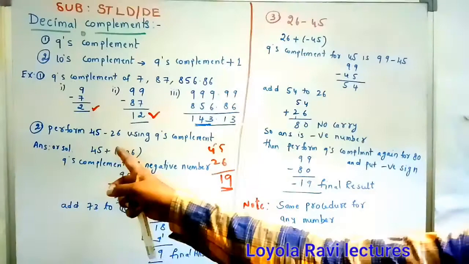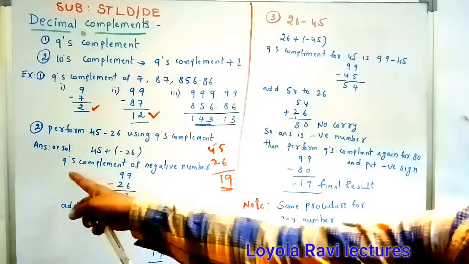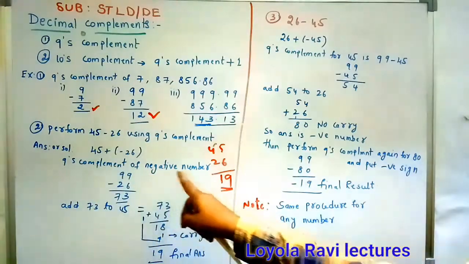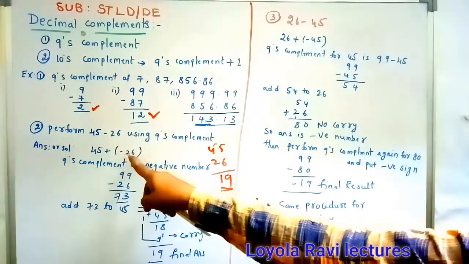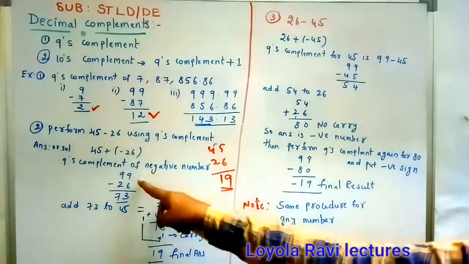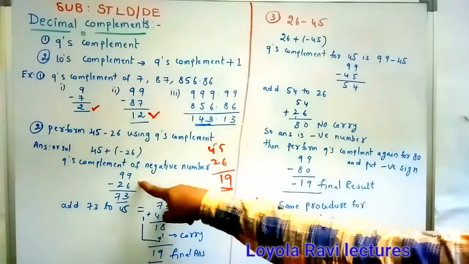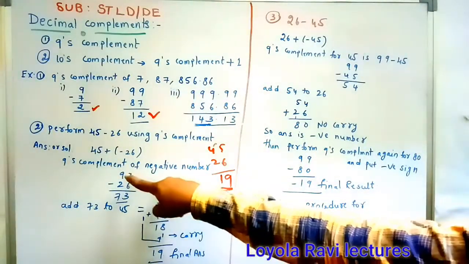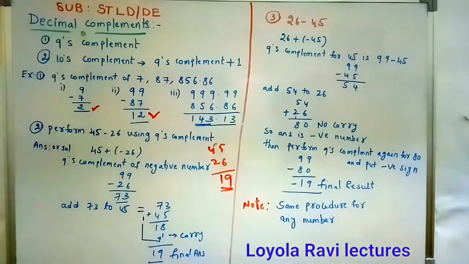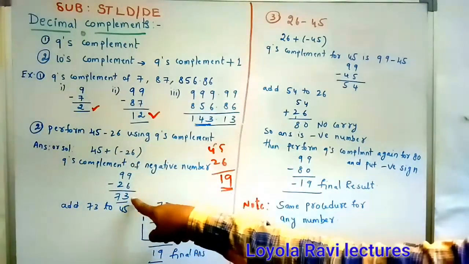So 45 plus of minus 26. For this minus 26 I am finding the nines complement of the negative number. How can you find the nines complement? 99 minus 26, because we have two digits. 9 minus 6 is 3 and 9 minus 2 is 7. 73. The nines complement of 26 is 73.